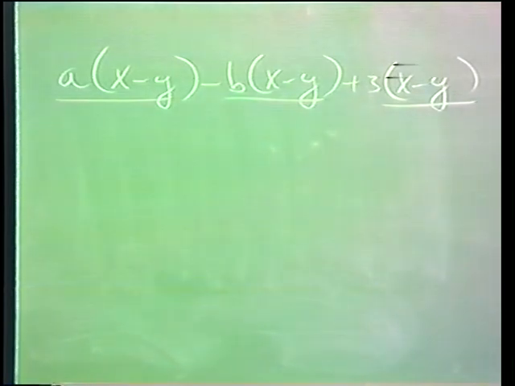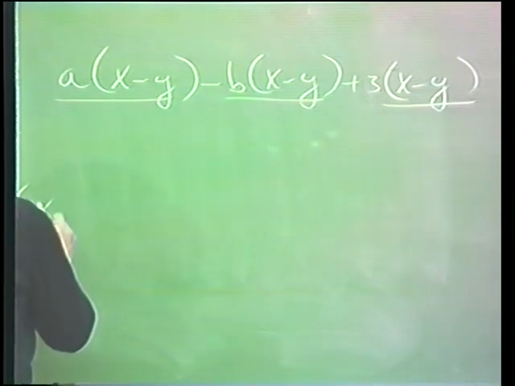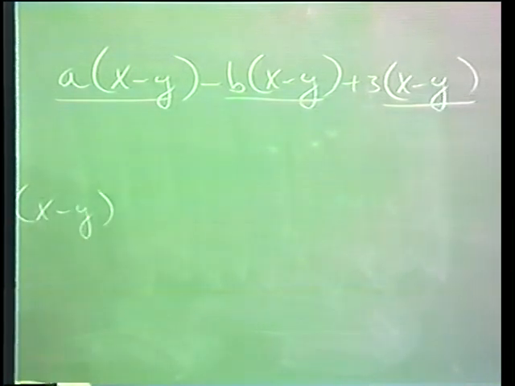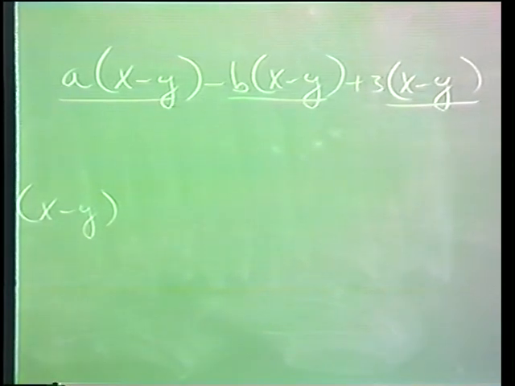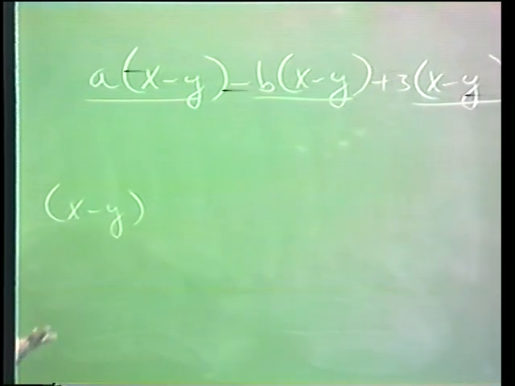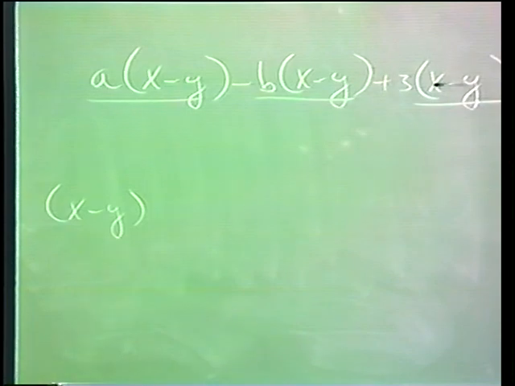My second question is, are there any common factors that we can extract? Is there something common to all 3 terms that I can take out? Quantity x minus y. Yeah, because you see this time, instead of extracting a number or a letter, we're extracting a whole parenthesis. Now, the same game still applies.